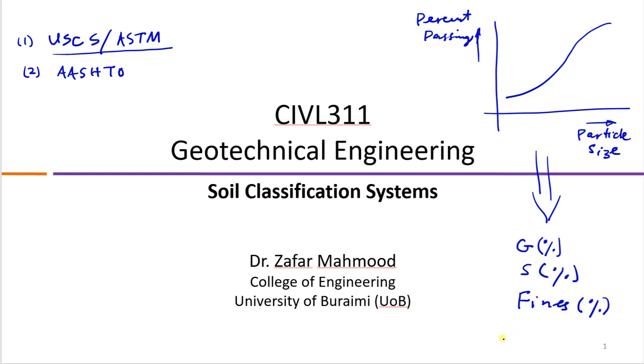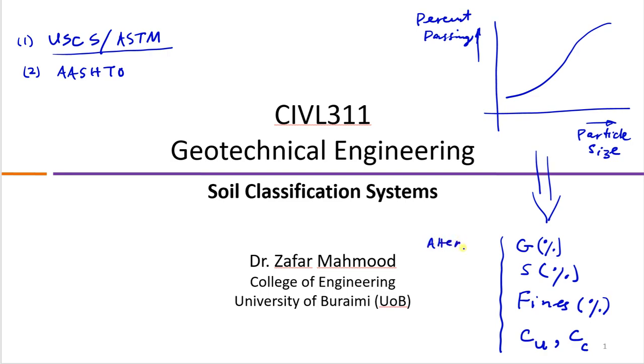And if there's a requirement, we are going to calculate Cu and Cc, the coefficient of uniformity and coefficient of curvature. There are some situations when we do not calculate Cu and Cc, and we are going to see that. Then in some situations we might have to calculate the Atterberg limits.